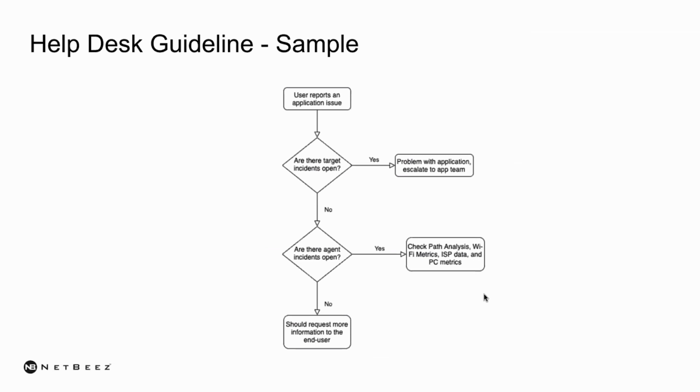Before, without any visibility into the user's environment, device, and laptop, they could not troubleshoot and identify issues before calling network engineers or application engineers. But here's a simple flow chart that everybody can follow. If a user complains or a ticket comes in, they can jump on the NetBeez dashboard and see whether there are any application incidents open, by monitoring the specific application with a NetBeez agent. If yes, that means the problem is with the application, and I can quickly escalate to the application group.